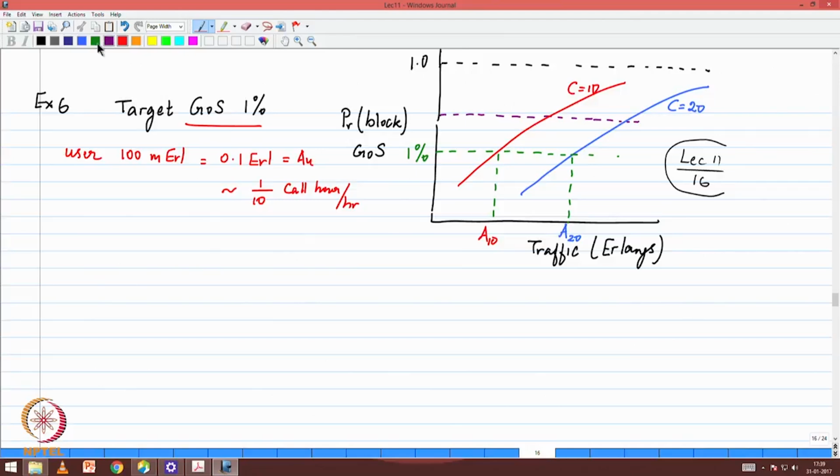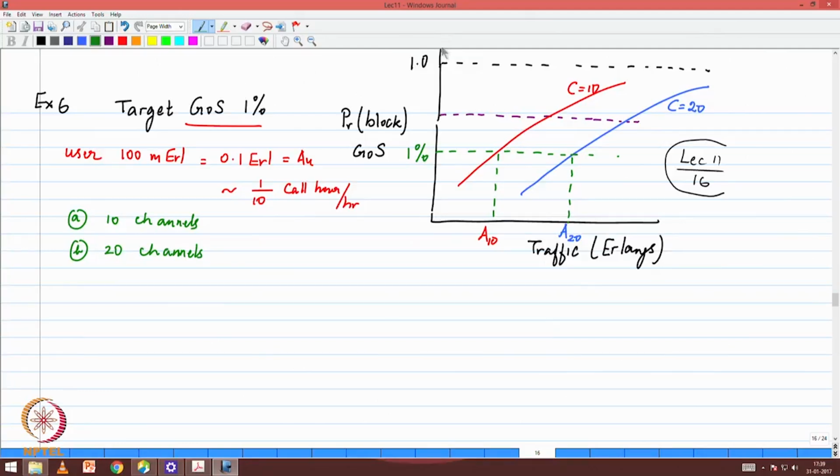Now I have two scenarios. One scenario has 10 channels and another has 20 channels. I have to satisfy the same grade of service, and in each case I want to know how many users I can support.